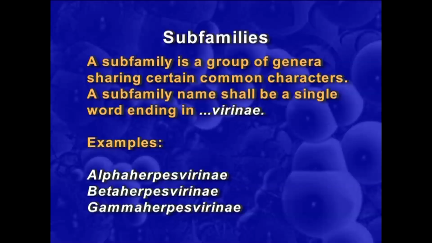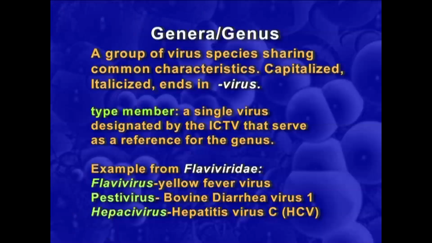A subfamily is usually mentioned in a single name which ends with the suffix virinae. Next we are coming to the genera, that is, how genera are written. The genera are written usually in capital letters and italics, but the name should end with the suffix virus.